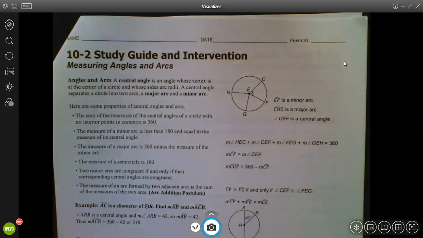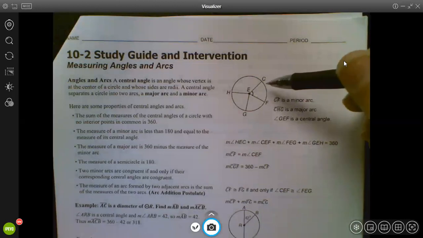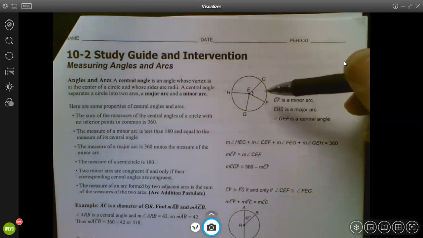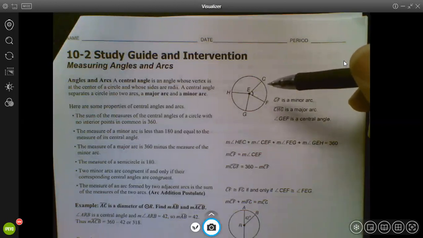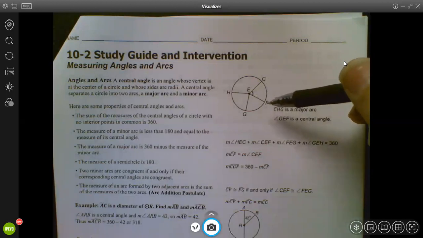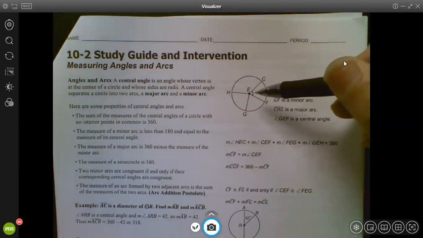One of the things we'll be getting into in just a minute here is the length of the arc and the measure of an arc. Whenever you talk about the measure of an arc, then we're referring to its degrees. Whenever you talk about the length of an arc, now we're talking about its literal length if you were to measure it with a ruler or something like that. So one of the first things we run into on this is the measure of an arc is the same as its central angle.